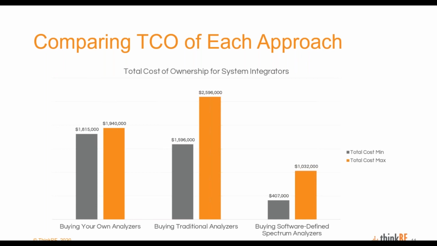So when you're developing your own analyzers, actually, when you do it that way, your costs are between 1.8 and 1.9 million. And buying traditional analyzers, which is approach 2 that we looked at, it's somewhere between 1.6 and 2.6 million. And then if you base your solution on a software-defined analysis platform, it's somewhere between 500,000 and 1 million.